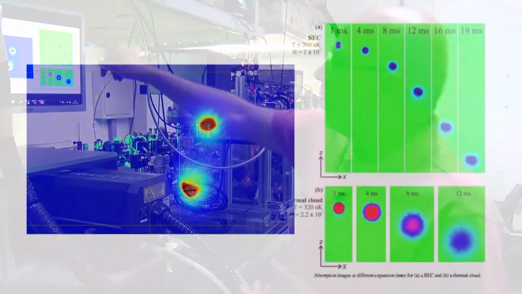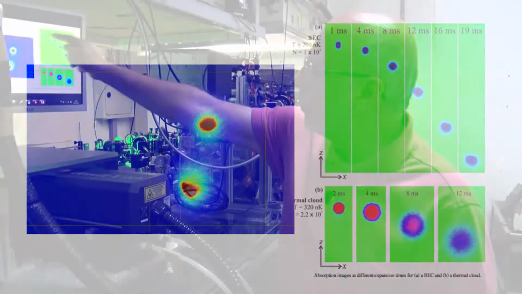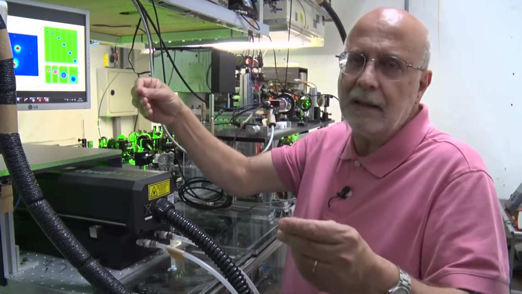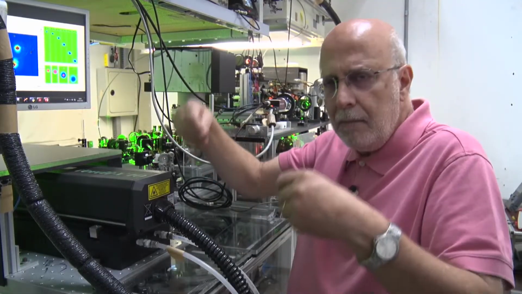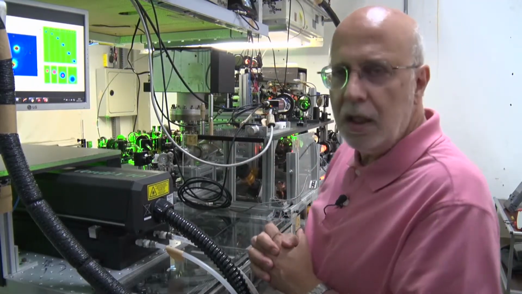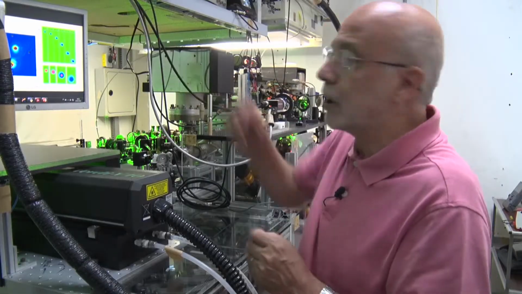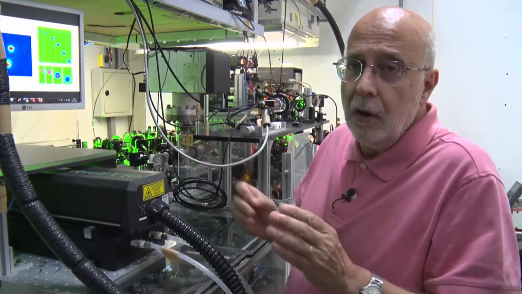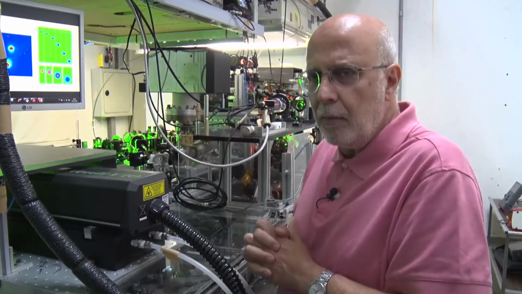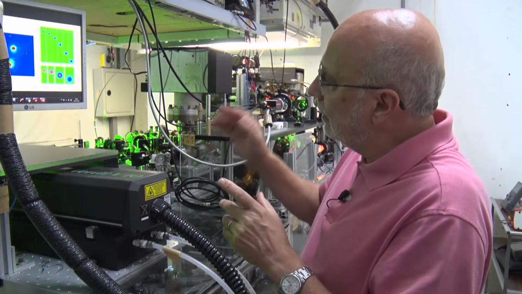Therefore, in our condensate, because we compress more on the horizontal axis, it will expand faster in that axis, diffracting more in that axis. That's what causes the inversion: the aspect ratio of the two dimensions of the cloud will invert. Whatever is short in the very beginning will be the longest after a time of flight. This is a very good indication that we have a condensate.